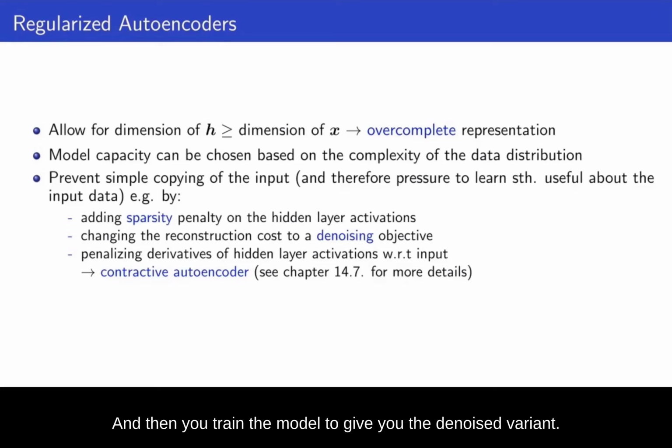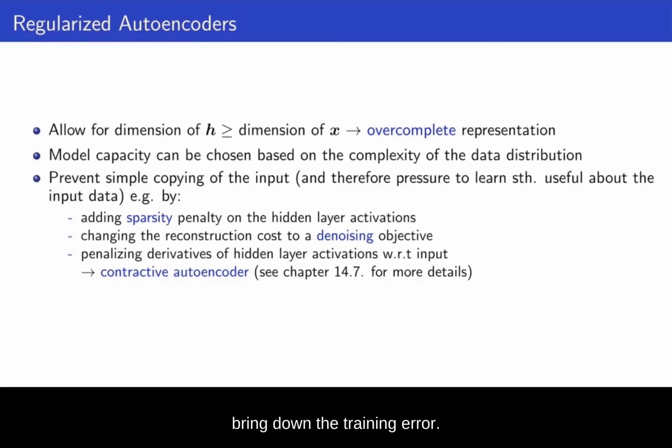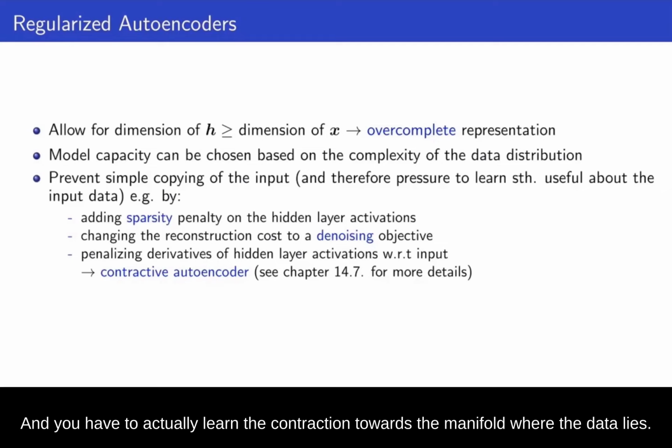And then you train the model to give you the denoised variant. So you actually train it to give you the right noise-free answer. And again, you can't just do that by copying. Then you would copy the noise and bring down the training error. You have to actually learn the contraction towards the manifold where the data lies.